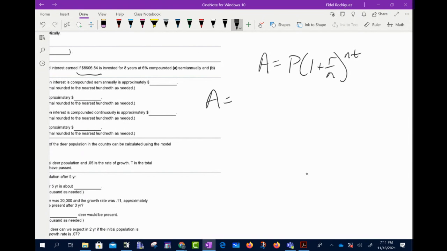Okay, so look, we're going to go like this. 8906.54, and then it says a 1 plus R. R is our interest rate. So if you look here, y'all, our interest rate is 6%, and as a decimal, that's 0.06. In case it's been a long time, some of you may remember, some of you don't.